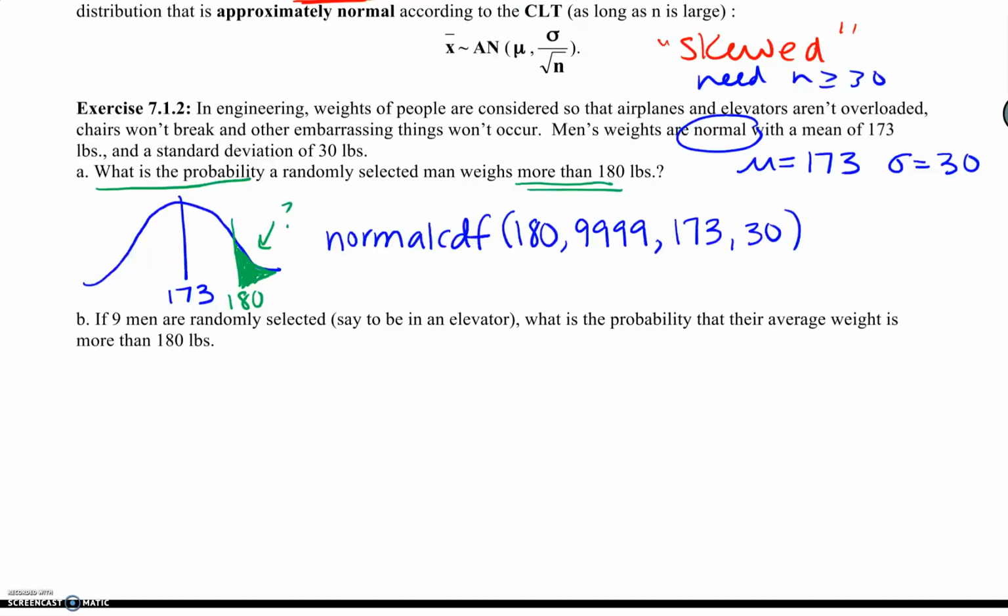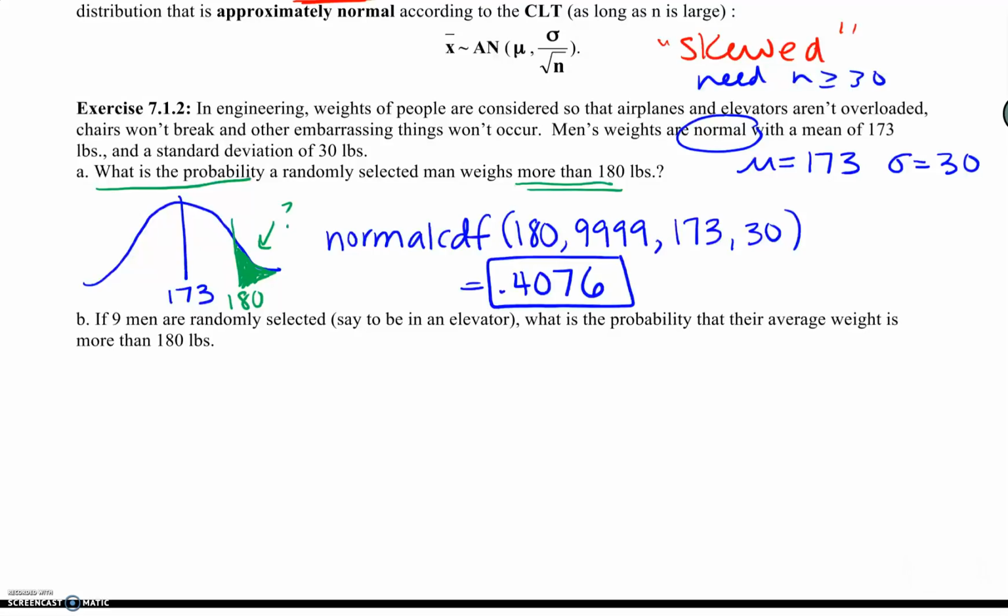So normal CDF. Nothing new here. This one, it looks like the probability is 0.4076. So about a 41% chance that a randomly selected man weighs more than 180. Makes sense. 180 is pretty close to that mean when you think about how big that standard deviation is.